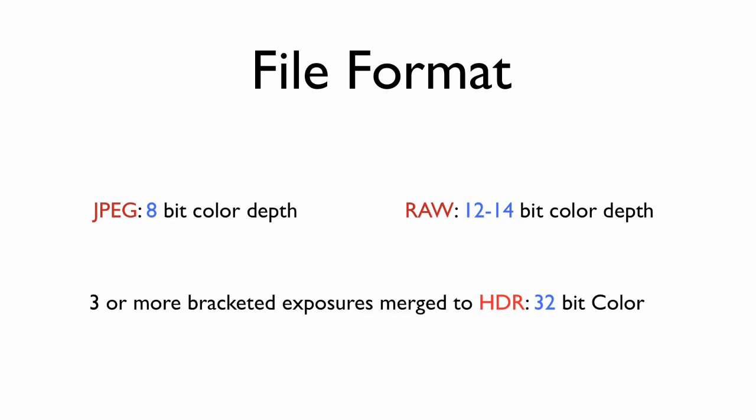But they can capture more exposure range in a single image than a JPEG can. Now, the ultimate when it comes to exposure range would be the HDR image, and that's a 32-bit color range. And that requires that we take a series of images and then combine them into one to capture that wide tonal range. So that's kind of what I've been alluding to in looking at this exposure bracketing process.